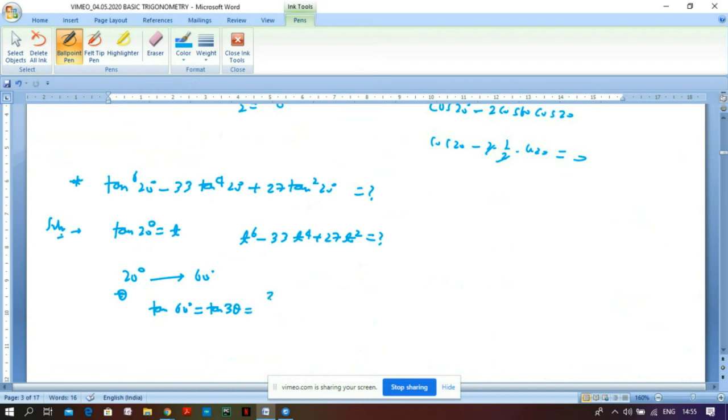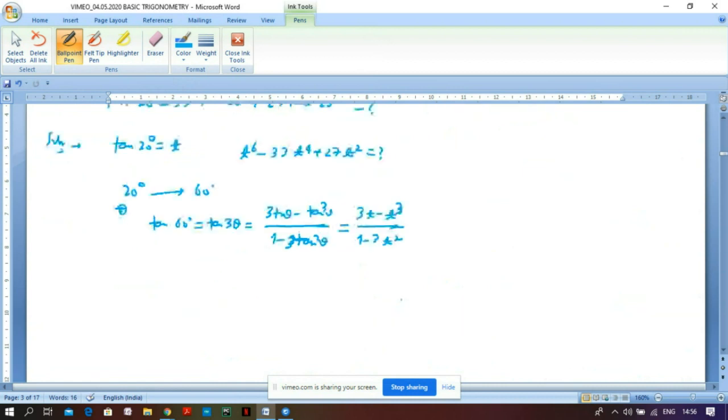So that is 3 tan theta minus tan cube theta over 1 minus 3 tan squared theta, that I used just 2 problems before. And then I have used tan theta as t, so I can write 3t minus t cube upon 1 minus 3t squared. And this value I know. I do not know tan 20, but I know this expression which depends on tan 20, that equals root 3.